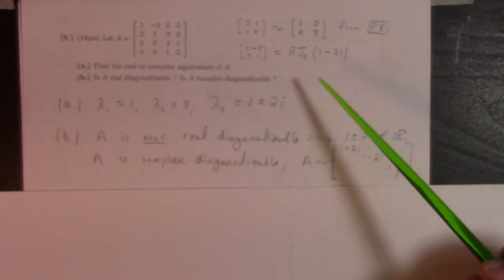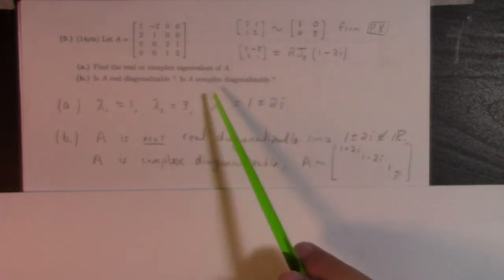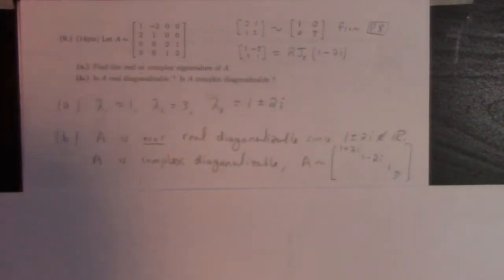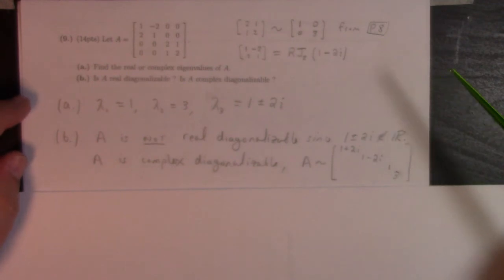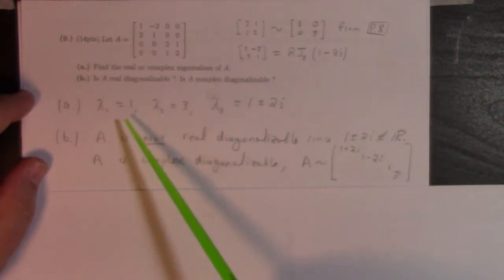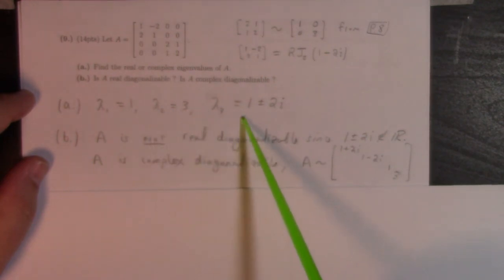Now, already we can see it's not real diagonalizable because it has complex eigenvalues, right? If all the eigenvalues aren't in the field, then it's not diagonalizable over that field. So it's not real diagonalizable. However, it is complex diagonalizable because 1, 3, 1 plus 2i, and 1 minus 2i are distinct eigenvalues.